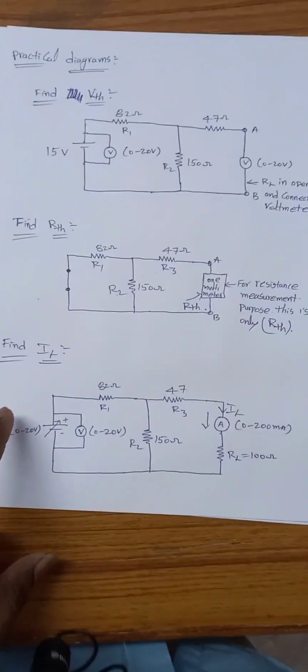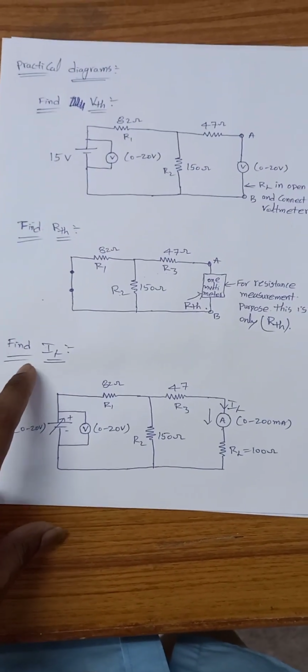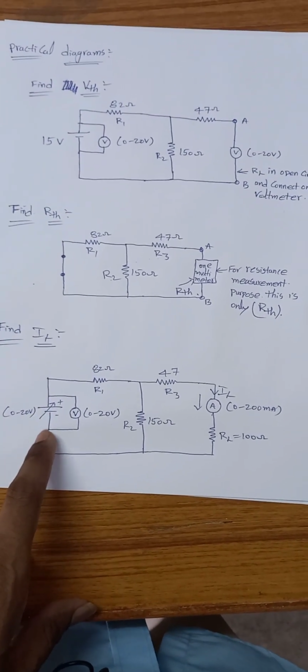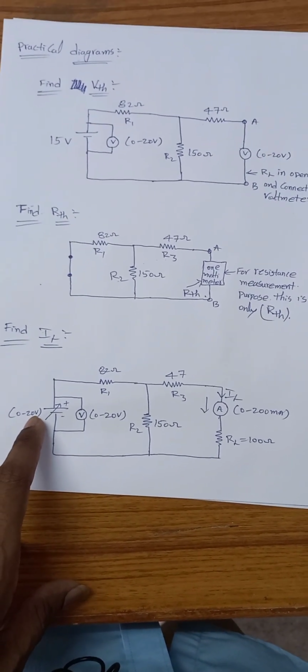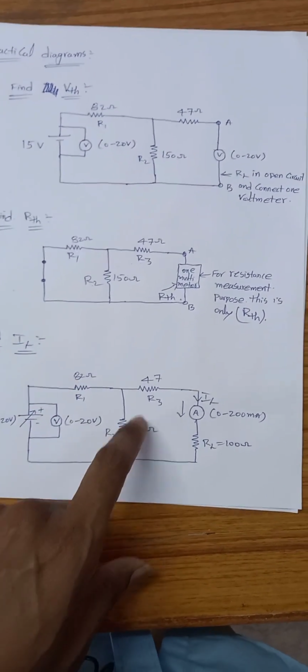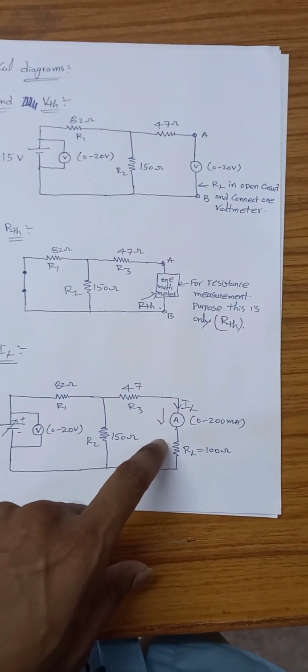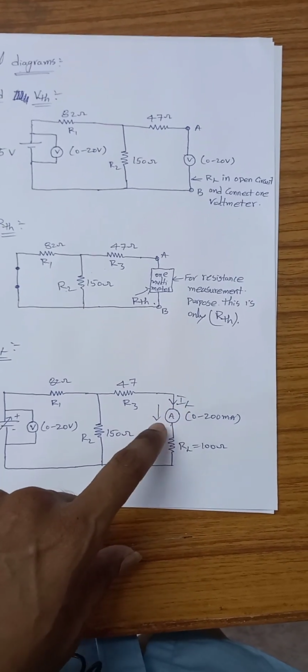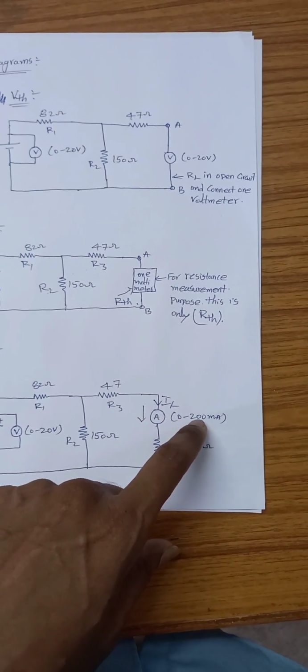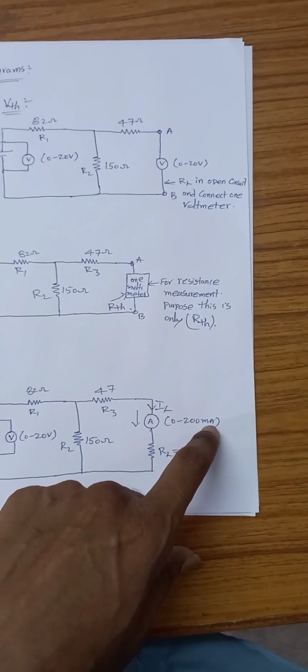And here you remember, finally we can observe the load current. That load current, same circuit. So for the source voltage measurement I have taken one voltmeter, and these three resistances are the same, and I need to measure the load current by using one ammeter. That ammeter I am going to take as 0 to 200 milliamperes.